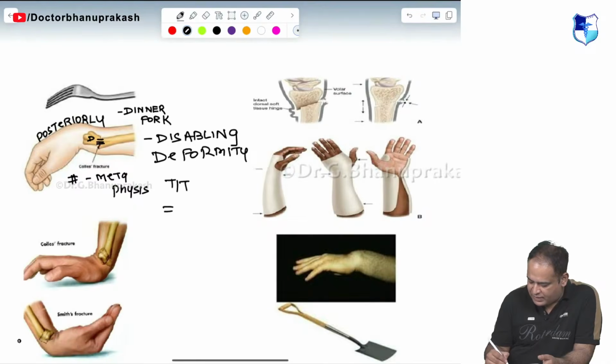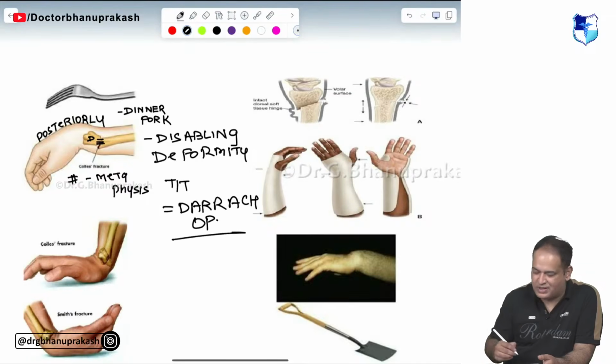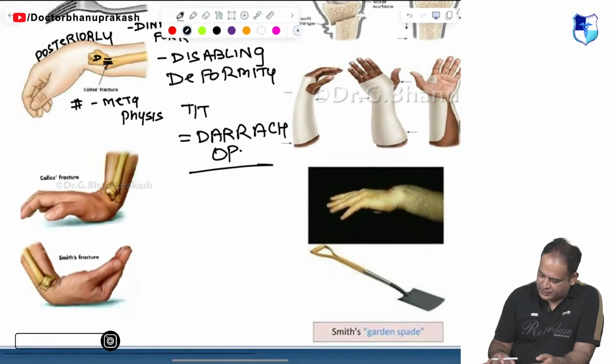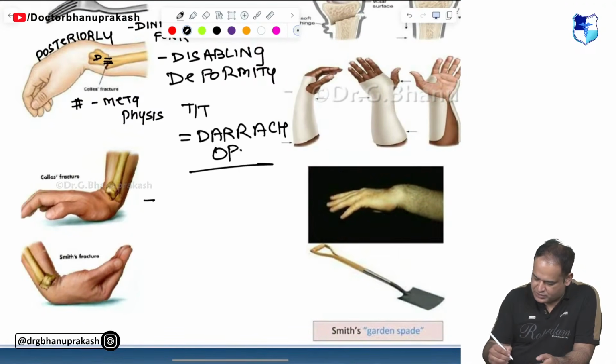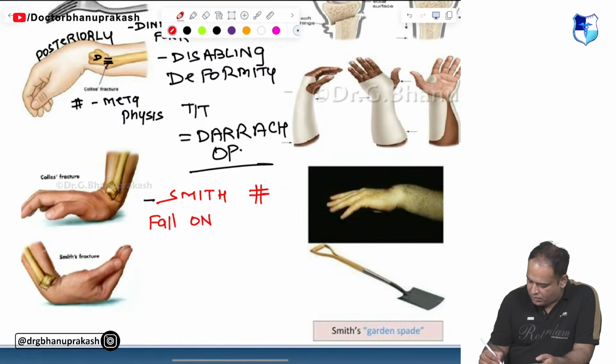What is the treatment? Treatment is DRACH operation. Now, Smith fracture is totally opposite. Smith fracture: fall on inward turned hands.